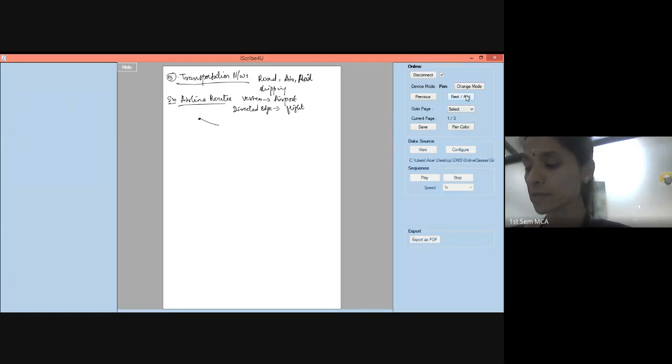Suppose I have something like this. Each of these vertices represents an airport. When I put a directed edge, A is the source airport, D is the destination airport. So the flight will depart from A and land at D. This is how I represent an airline route.